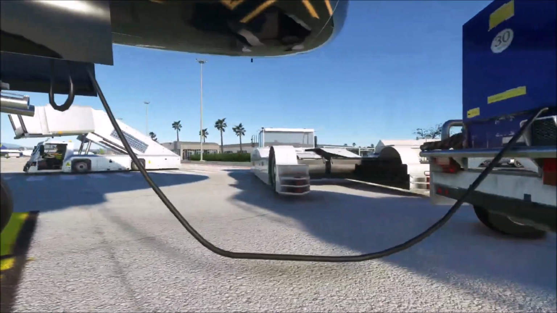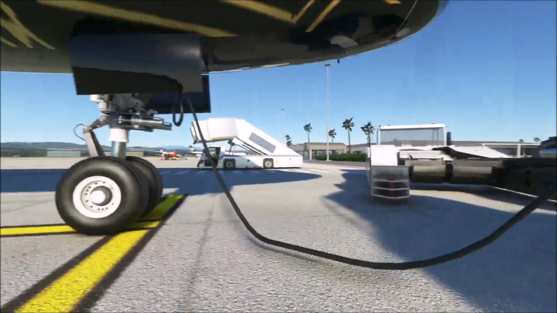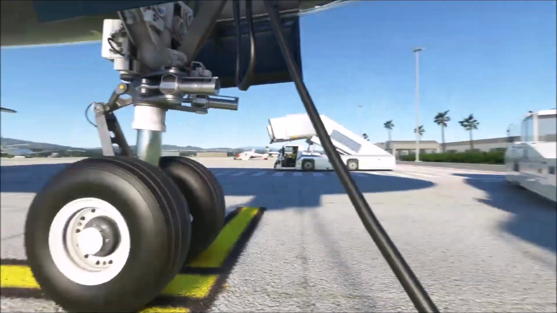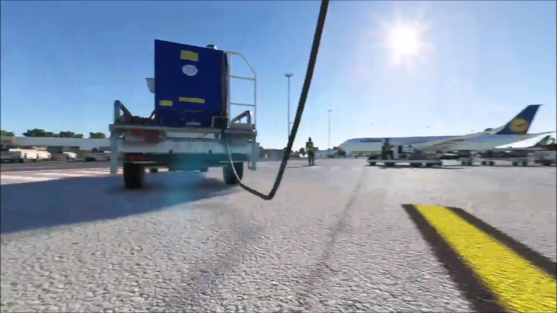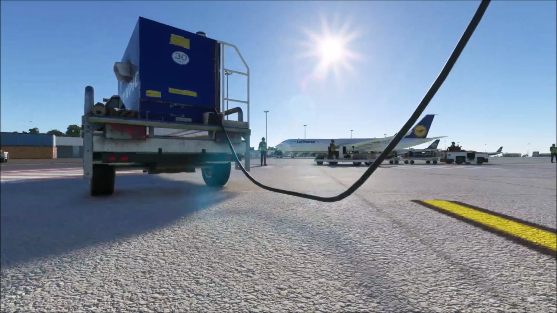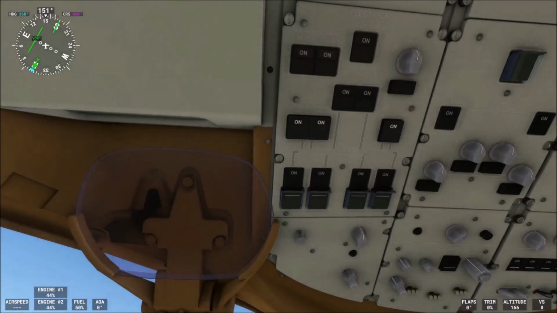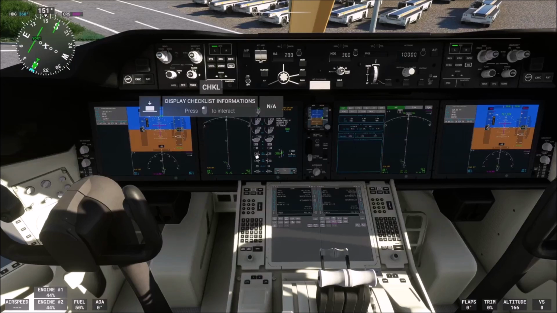You must see this cable connected with your aircraft exactly as it is here, self-explanatory. Otherwise, you don't have any power supply. And the funny thing is that surprisingly, lots of times, you do have power supply. But I repeat once again that the precise way is to call the vehicle.